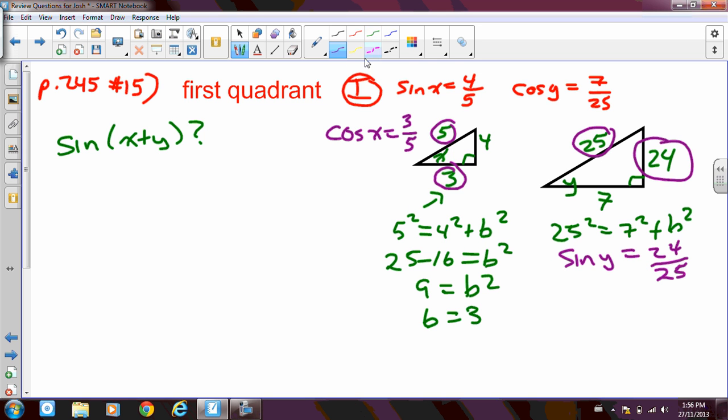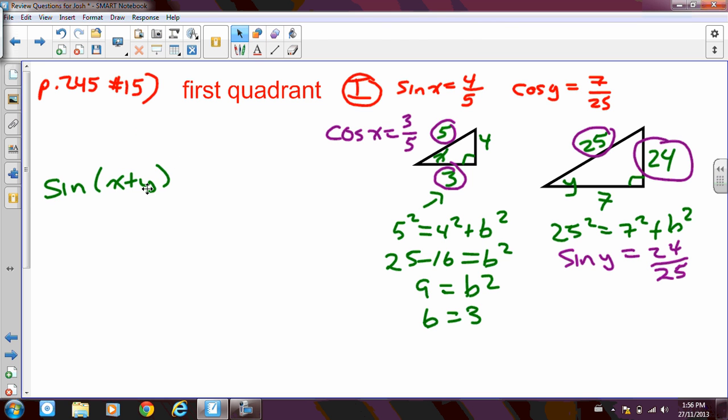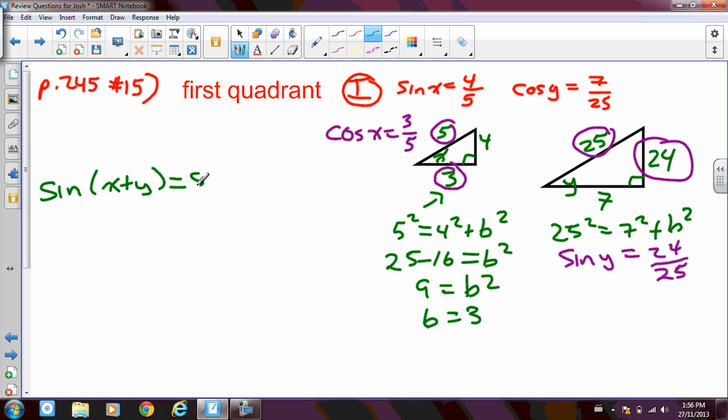So now really again the goal, the actual question is to determine what sine of x plus y is. Again, one of the formulas you'll be given is that sine x plus y expands to sine x cos y plus sine y cos x.